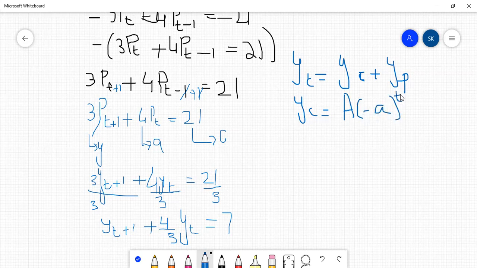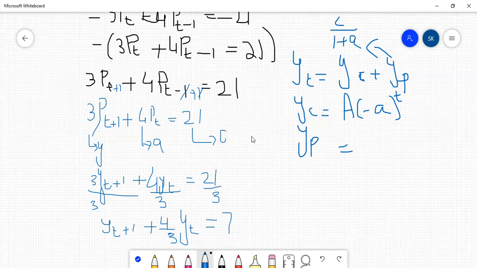And Yp is equal to, let me write it over here, C over 1 plus A.